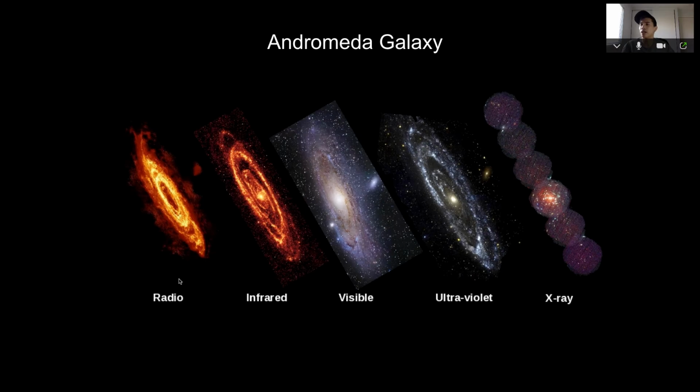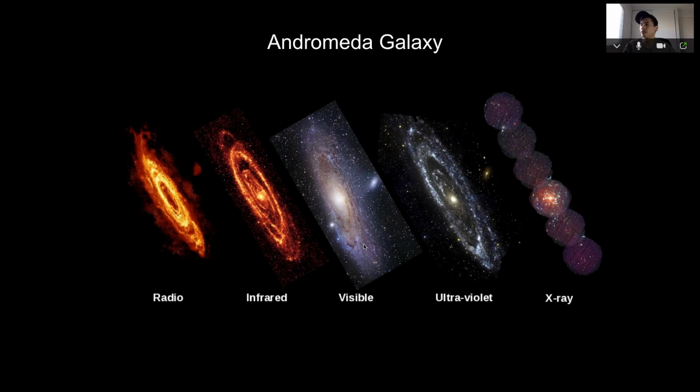The radio and the infrared, for example, tell you where all the heat or thermal emission is, where the dust is contained in the galaxy, and mostly it's in the outer regions along the disk of the galaxy. That's important for astronomers because it tells you where all the brand new stars are going to be forming. Okay, so they're sites of star formation.